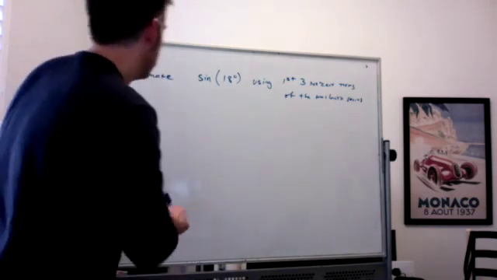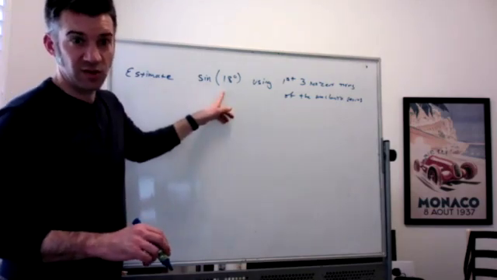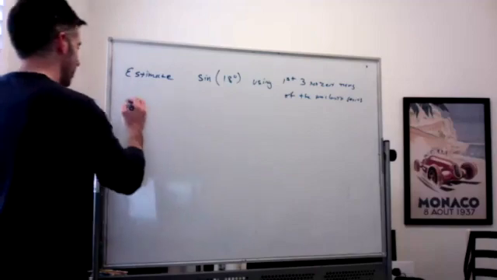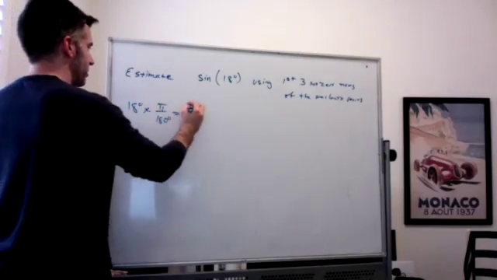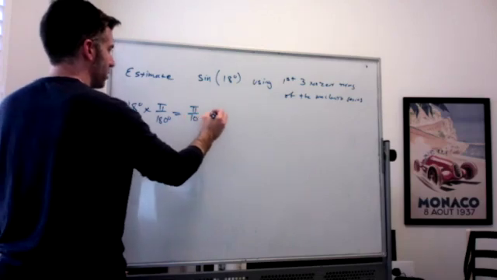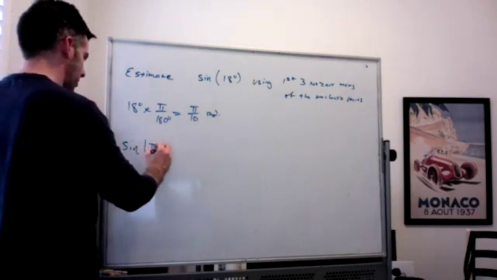Before we can do this, we have to change it to radians. So 18 degrees times pi over 180 degrees is pi over 10 radians. So we're estimating sine of pi over 10.